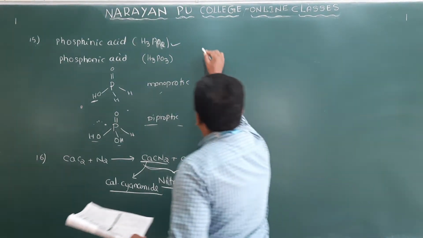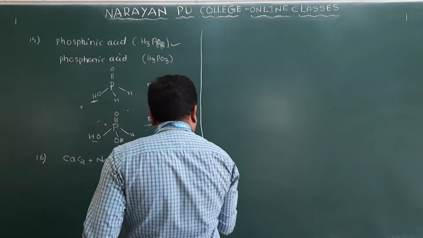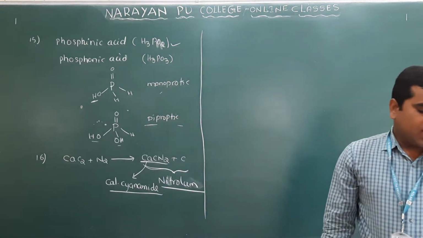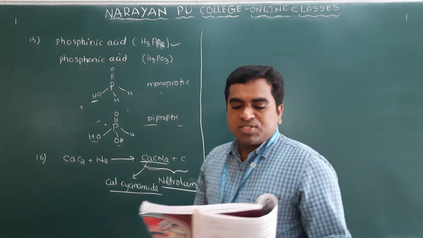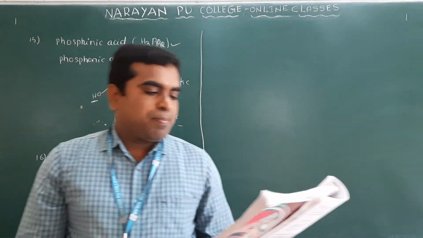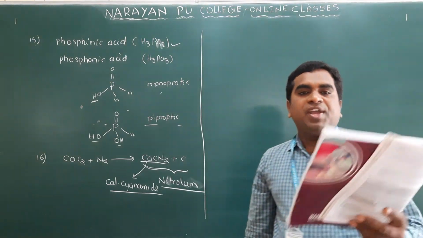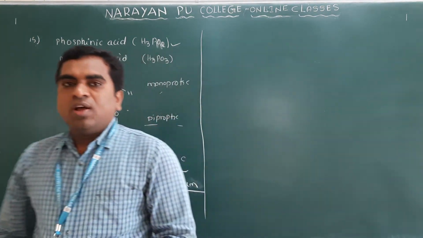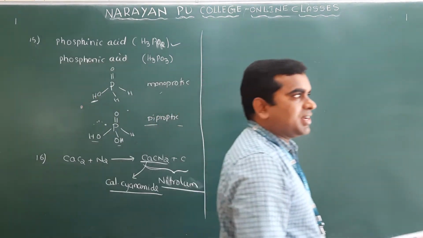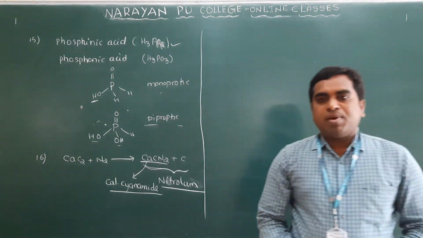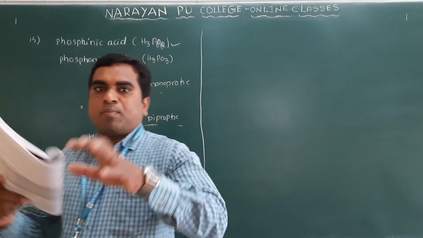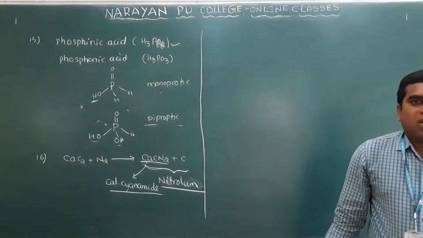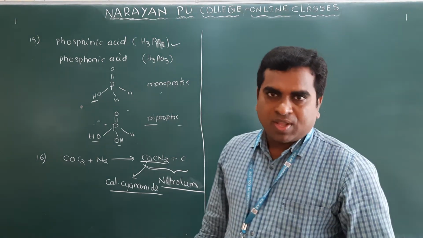So that was about the 15th group compounds. Now here they have given the 16th, 17th and 18th groups combined. The first one: hypo is used in photography because of its... In photography, when they take a photo, the image is stored on a photographic plate coated with silver chloride or silver bromide, or sometimes silver nitrate.